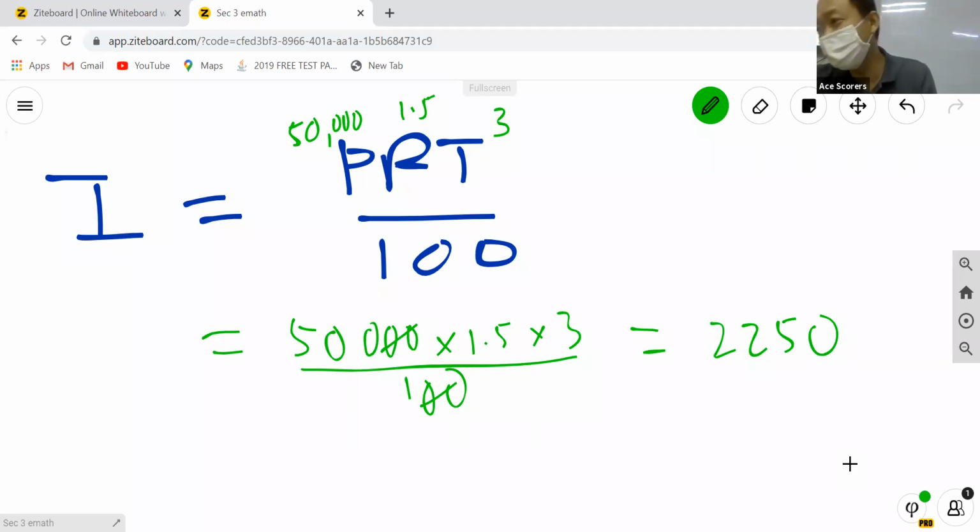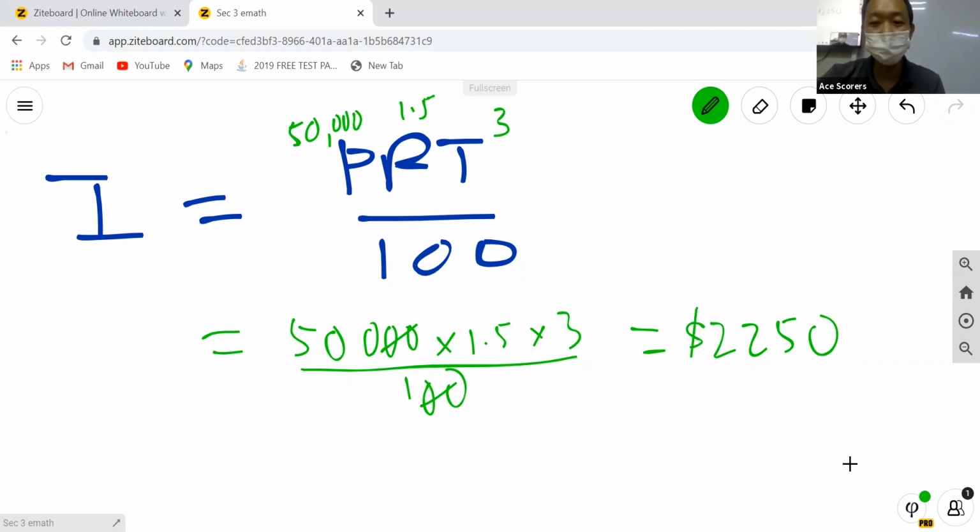I need my calculator. 50,000 times 1.5 times 3 divided by 100, 2250. I keep getting confused by simple and compound.